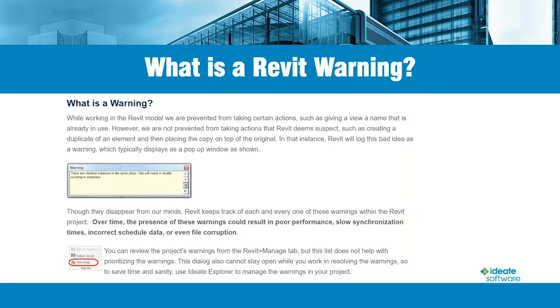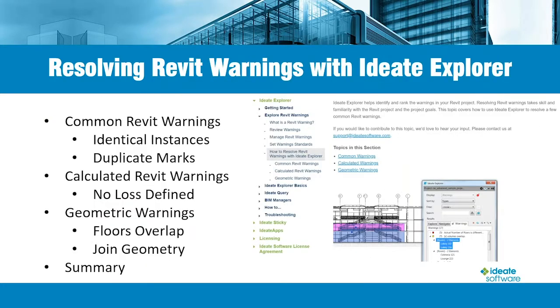Okay, so what we've identified, and this is actually part of the Revit help system as well, is that there are three major classifications of Revit warnings. There are common Revit warnings, things like duplicated instances. As I said, maybe you've got two pieces of furniture on top of one another, which is going to cause an incorrect schedule count.